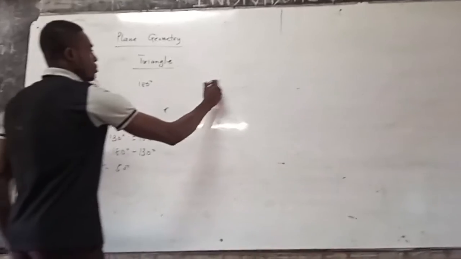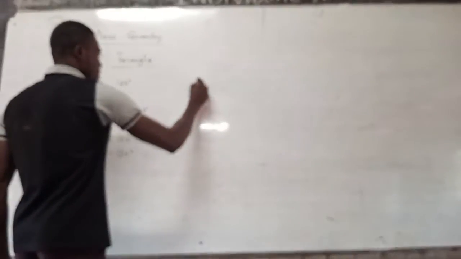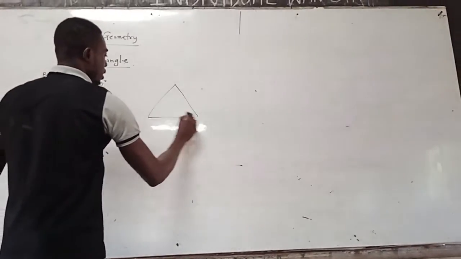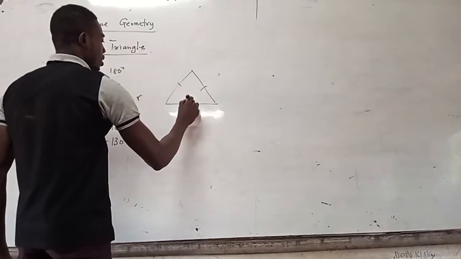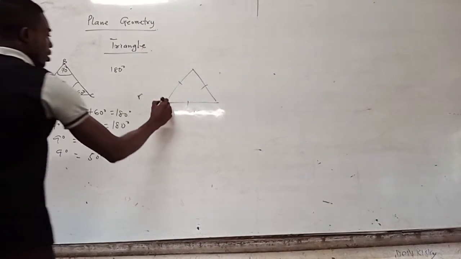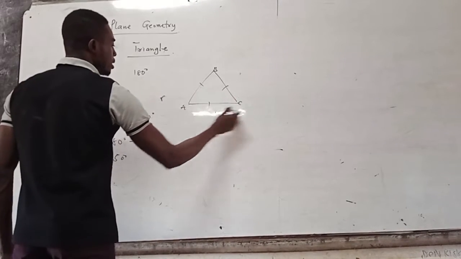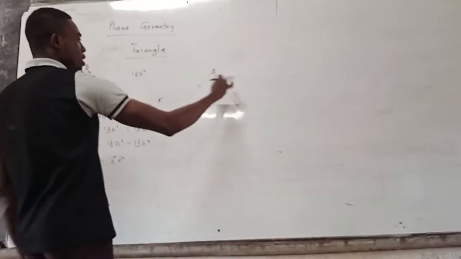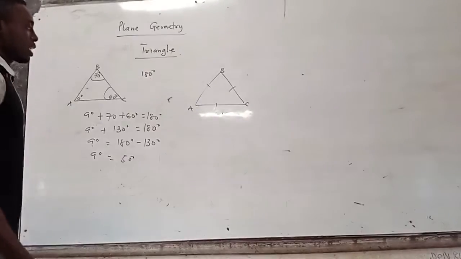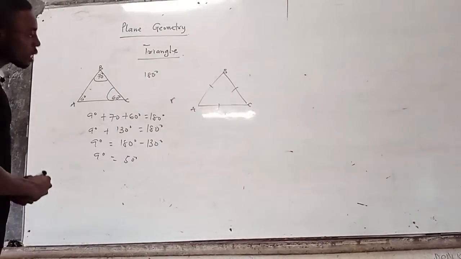Let's take another triangle, whereby AB, BC, and AC have marks. When you see this sign, it means that all the angles are equal.